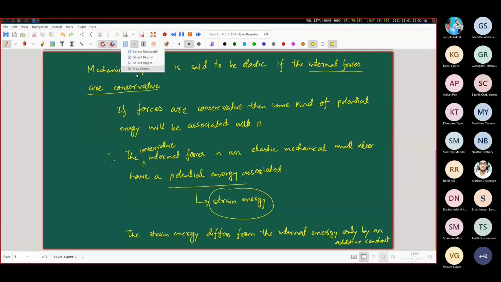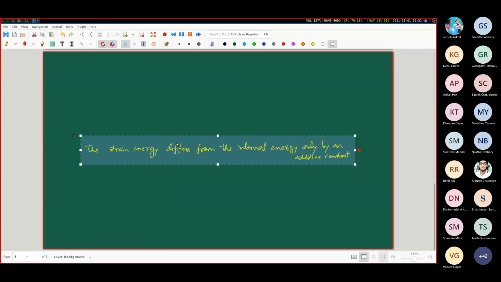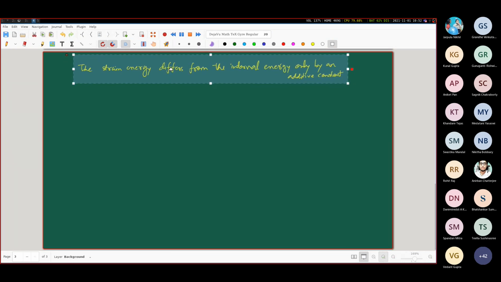I think it's better if I take this thing next page. All right. The strain energy differs from the internal energy only by an additive constant.